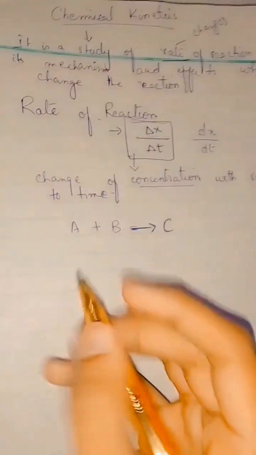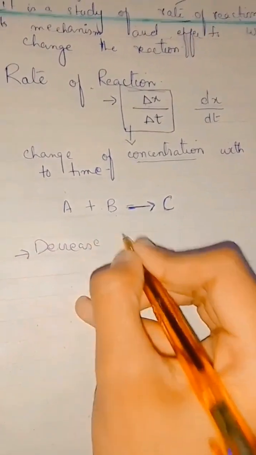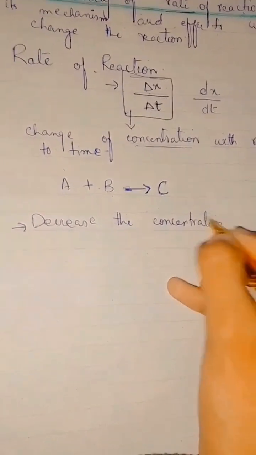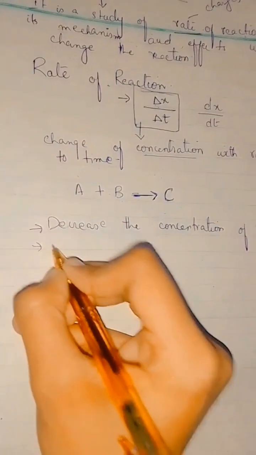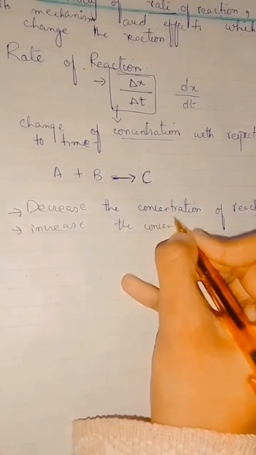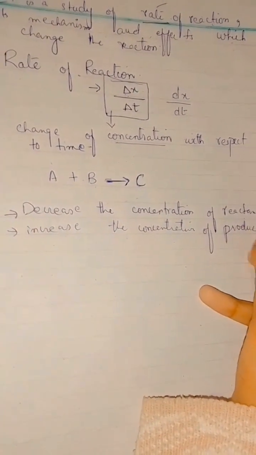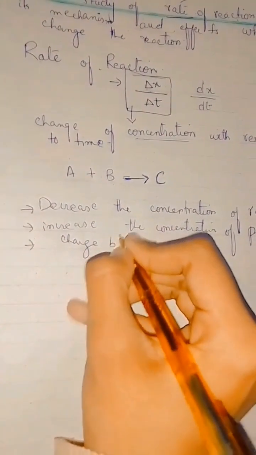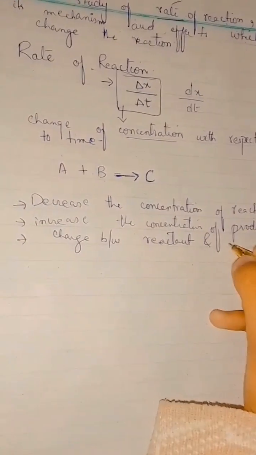Here there are some terms: there will be a decrease in the concentration of reactant and an increase in the concentration of product. And the third point, they give that there will be a change between the reactant and product.